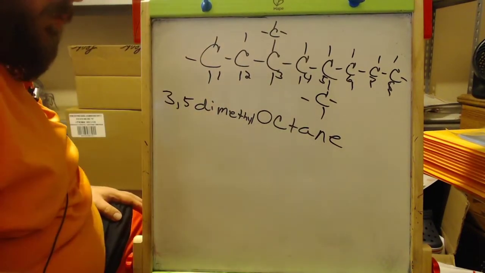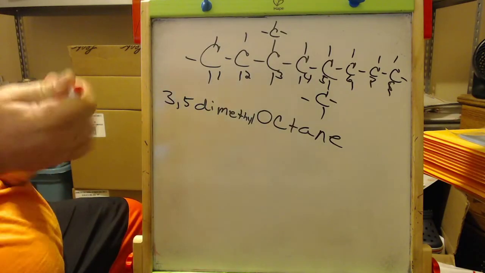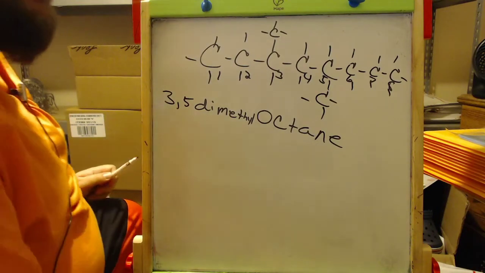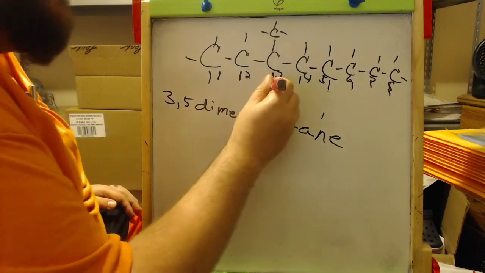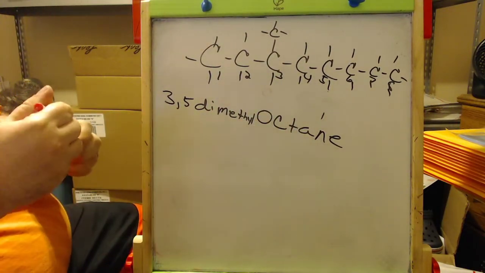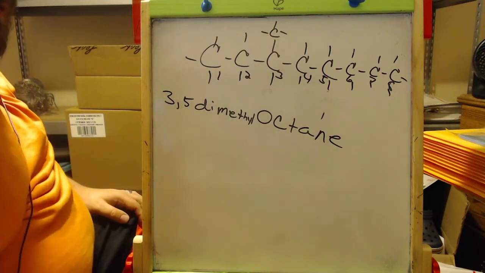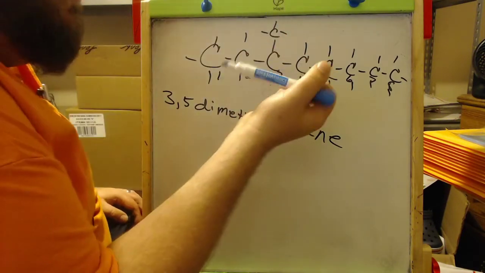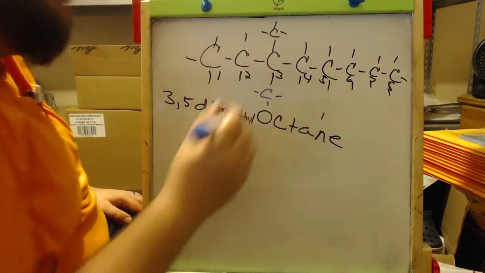I also want to point this out, and I'll write another methyl group. Imagine if this was taken away, and it was drawn on here. I want to use a different color though. I'll use blue. It was drawn on here.